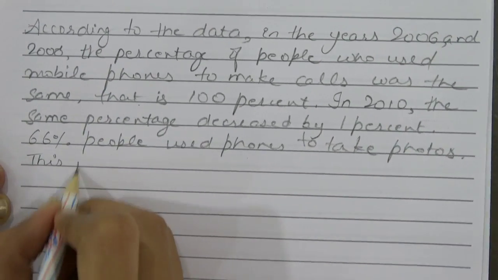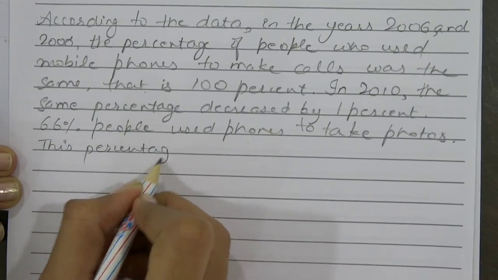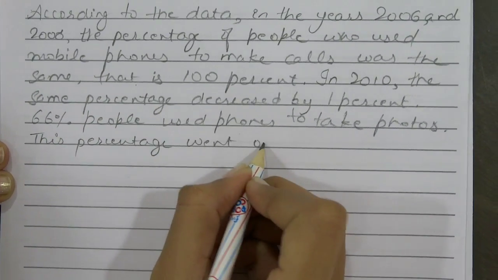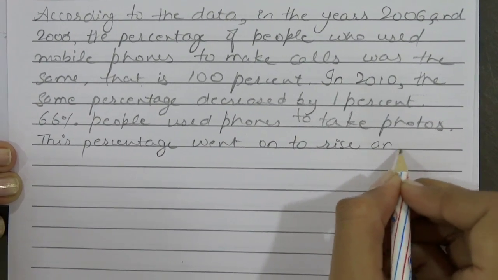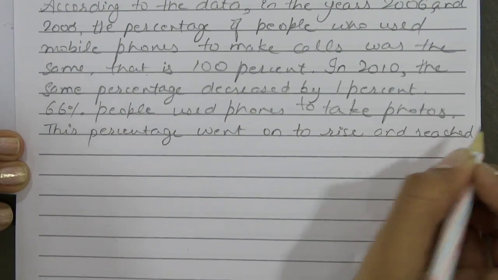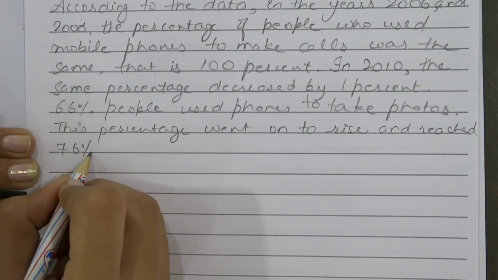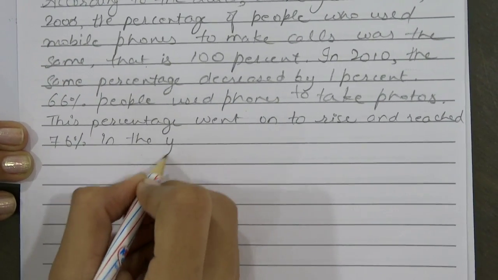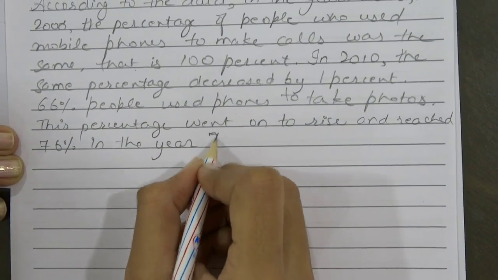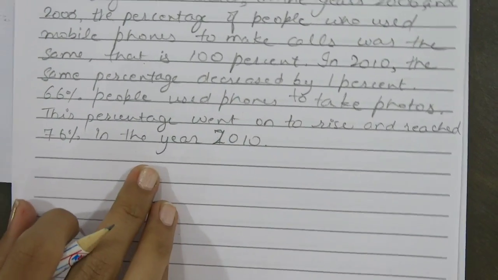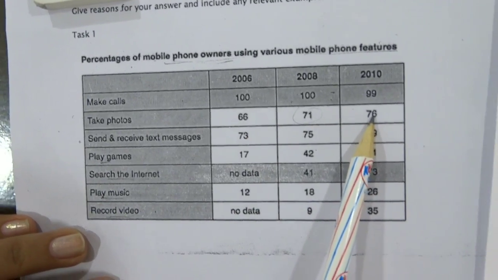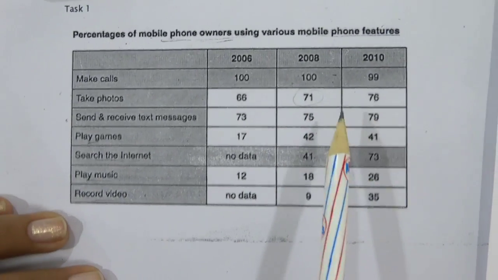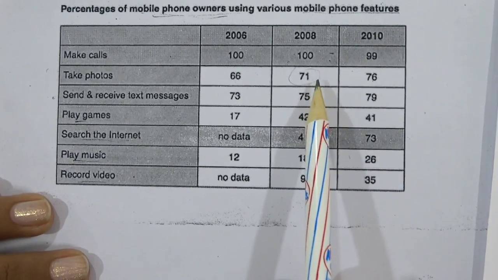This percentage went on to rise and reached 76% in the year 2010. Now you may notice that we have ignored this data and only used the first data and the last data. We are at a liberty to do so because we have to only use the main points.